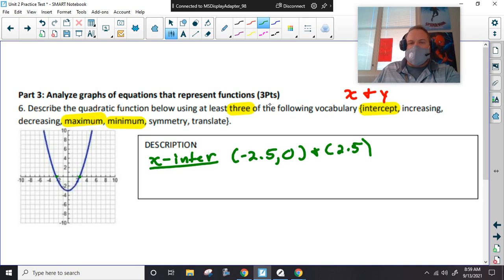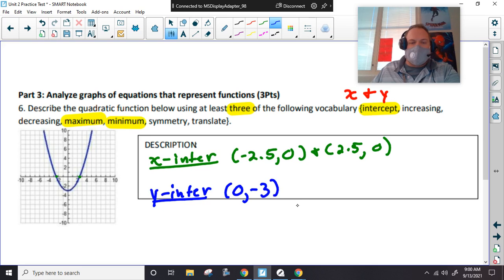It will be very obvious tomorrow. And believe it or not, if it didn't have any X intercepts, you could say no X intercepts, because that is actually saying what it's not. All right, Y intercept is a little bit easier. Yeah, 0, -3.